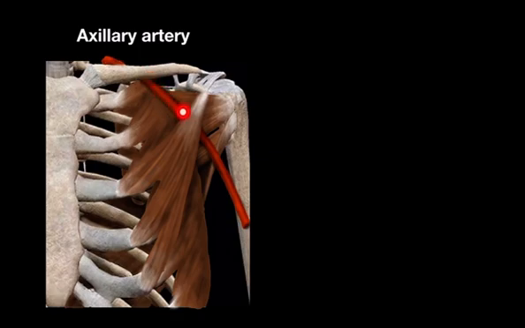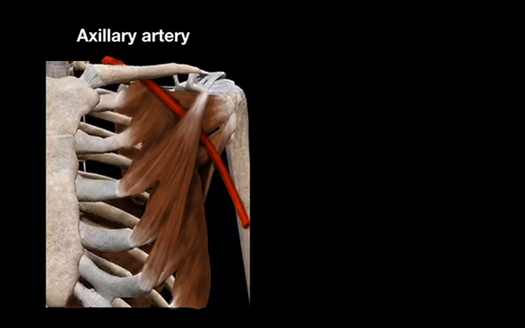You can see that it goes beneath the pectoralis minor muscle and can be divided into three parts. A part medial or superior to the muscle, a part behind the muscle, and a part lateral to or inferior to the muscle. So this is the first part, second part, and third part of axillary artery.